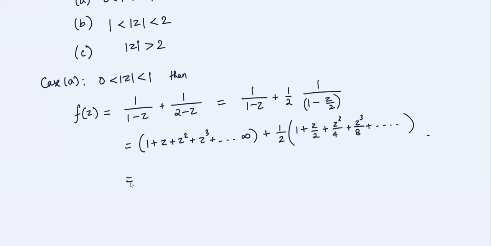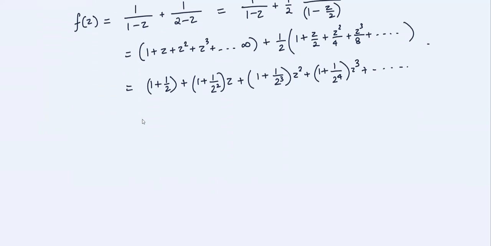So now when you add this, let us collect the terms. This is 1 plus half. Now the z term is 1 plus 1 by 2 square, then 1 plus 1 by 2 cube, 1 plus 1 by 2 power 4.